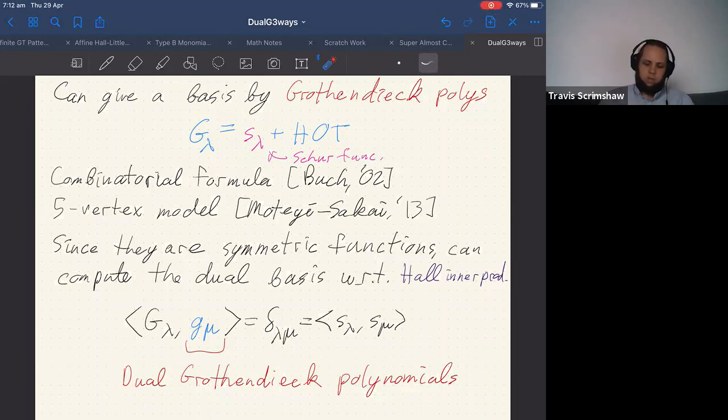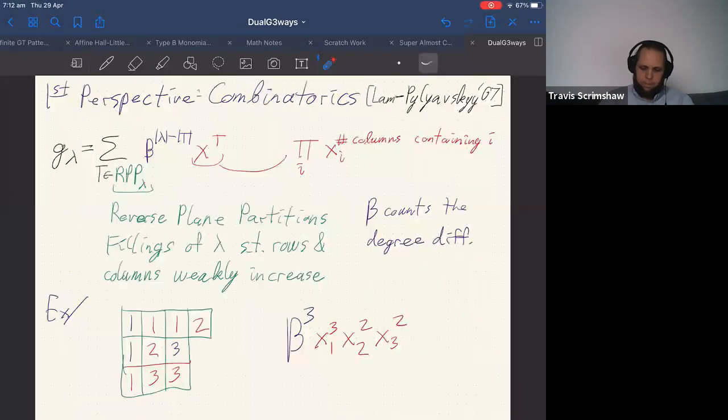Although I can justify calling them polynomials, because if I restrict to finitely many variables, then eventually these higher order terms all cancel out or become 0 because the partitions become too tall. But if you want to think about this in terms of an infinite number of variables, then you have to go to a completion of the ring of symmetric functions. But that's a technical point.